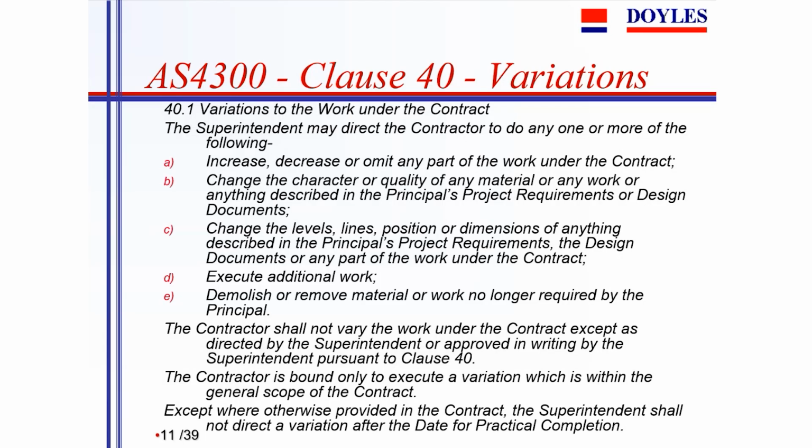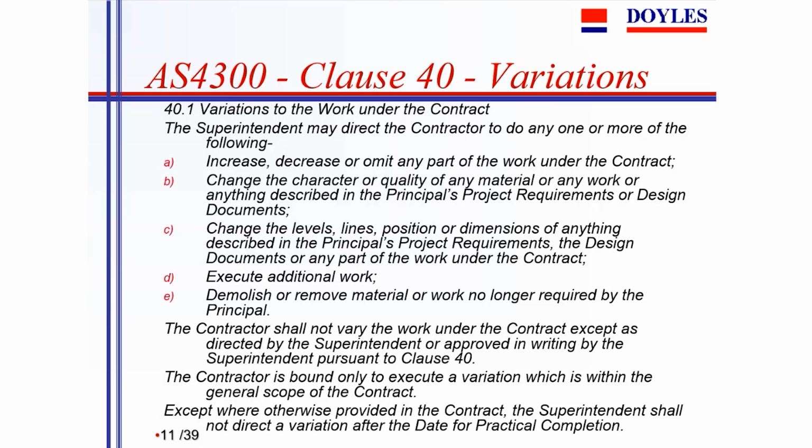And it's worthwhile looking at some of the contract clauses, and we've picked AS 4300 as a general approach to variations, and also, therefore, an approach to what you've got to provide for in terms of protecting yourself in respect to variations.